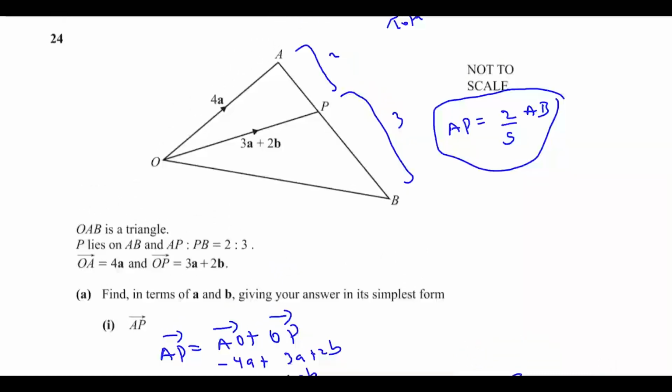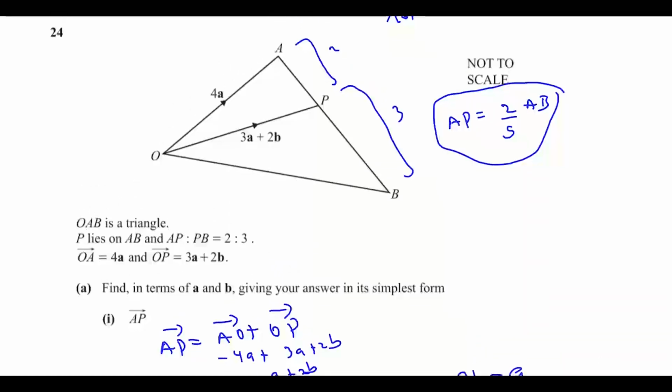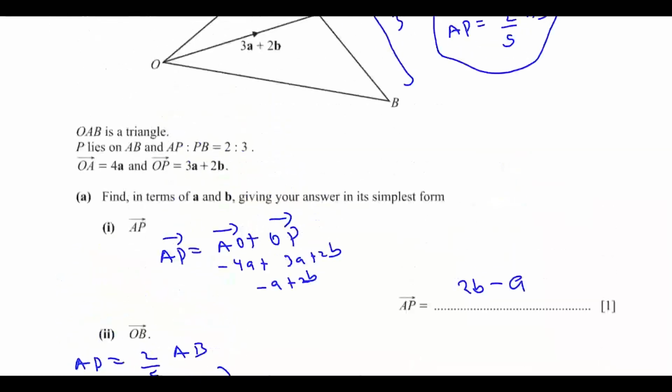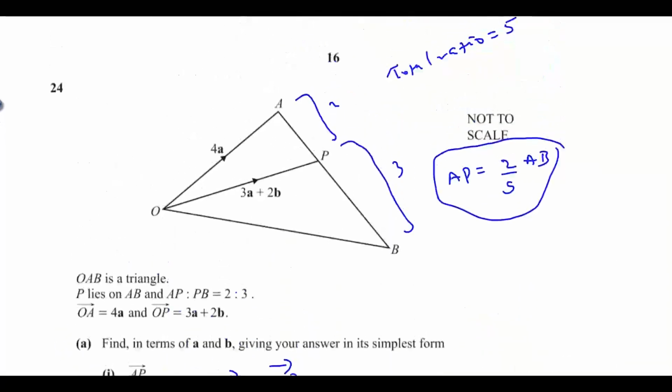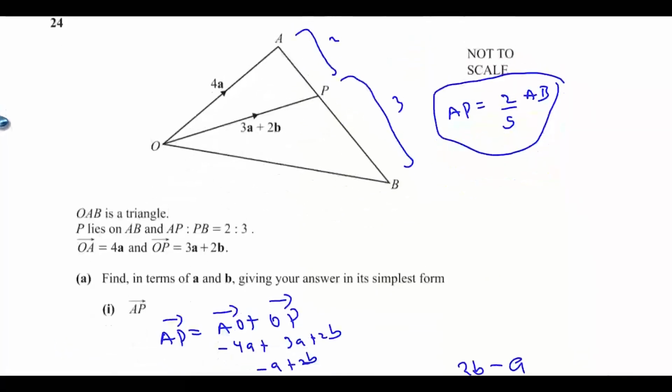You can see that OB will be equal to, you can take any route. OB will be equal to this and this, but this one is easier. OB will be equal to OA plus AB. That was the reason I found AB.